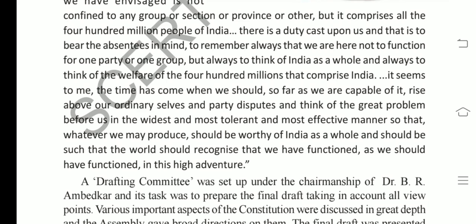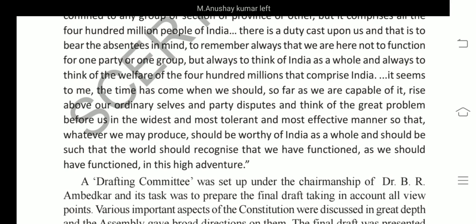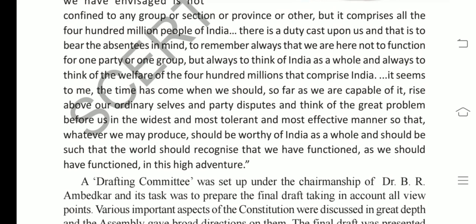And they should act in a broad manner, in the widest manner. They should maintain tolerance in the debate and discussion while preparing the constitution. They should work in an effective manner, and whatever they produce, that is the constitution they prepare, should be worthy and suitable for the whole of India, understand? And it should be recognized by all the world's countries that we have functioned in a great manner.